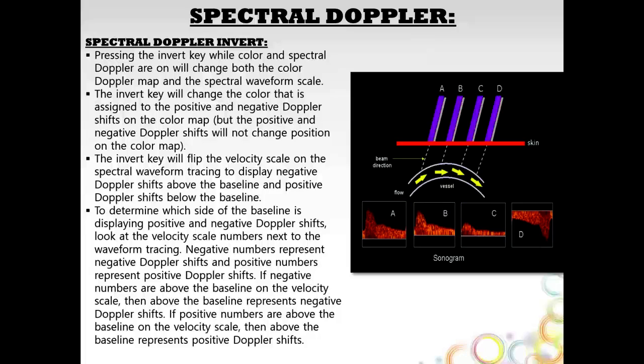So pressing the invert key while color and spectral Doppler are on changes both the color Doppler map and the spectral waveform scale. The invert key changes the color that is assigned to the positive Doppler shifts and the negative Doppler shifts on the color map. The invert key also flips the velocity scale on the spectral waveform tracing. So it will display the negative Doppler shifts above the baseline and the positive Doppler shifts below the baseline.